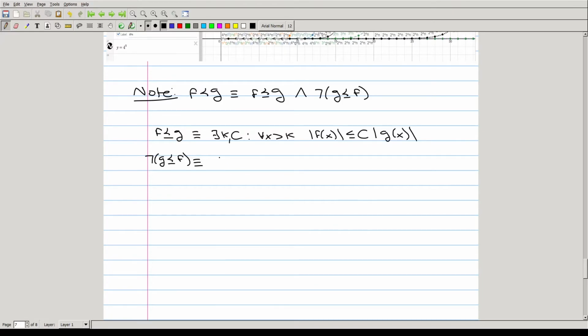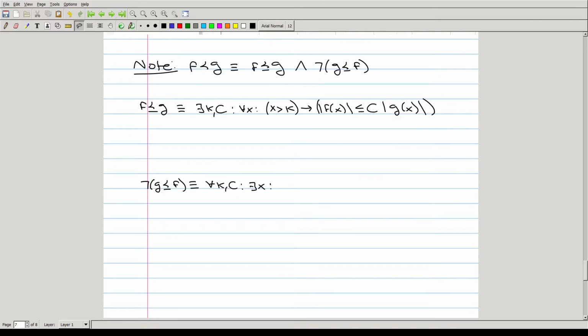is the expression that for all constants k and for all constants c, there exists a value x such that x is greater than k and the absolute value of g of x is strictly greater than c times the absolute value of f of x.